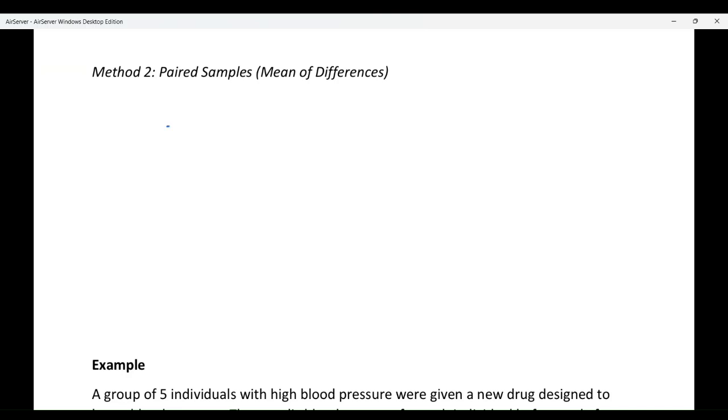And again, for a confidence interval, it's going to look a little bit different now because we don't have a difference of means. We're not finding two different means and subtracting them. We have one mean, and that is the mean of the differences. Okay, so we're going to define this as the mean of the differences, versus before, where it was a difference of the means.